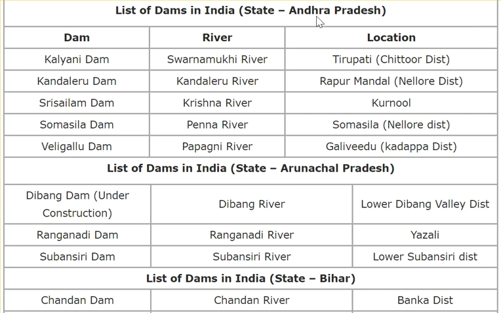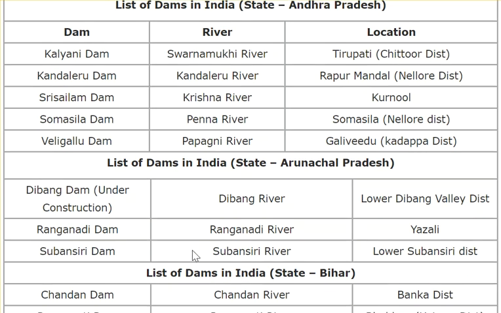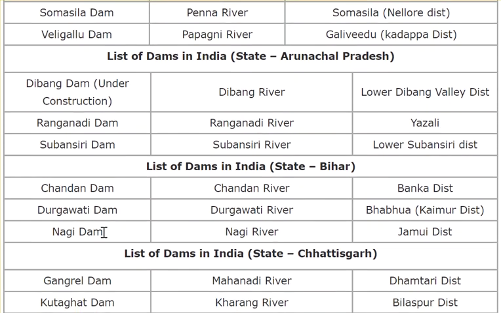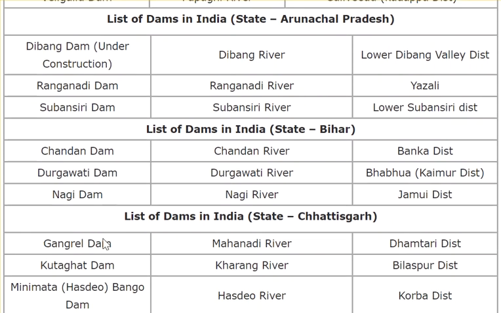So first, Andhra Pradesh: Kalyani, Kandaleru, Srisailam, Somasila, Veligalu. Then Arunachal Pradesh: Dibang, Ranganadi, Subansiri. Thereafter in Bihar: Chandan, Durgavati, Nagi.